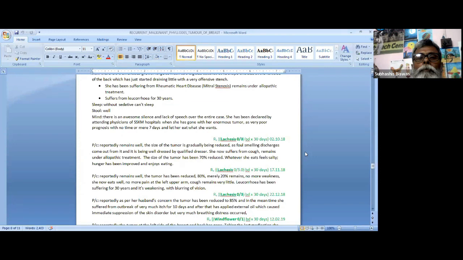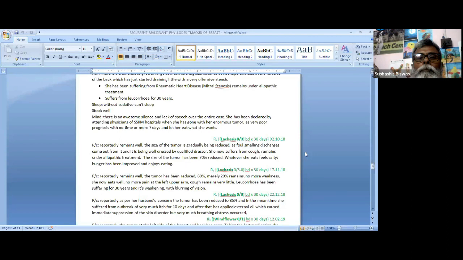On 17th November 2018, the size of the tumor was gradually being reduced as foul-smelling discharge came out. I asked them to dress it properly, and they did it well. The strange-smelling discharge was unbearable. I know the doctors present here have handled a lot of cancer cases.